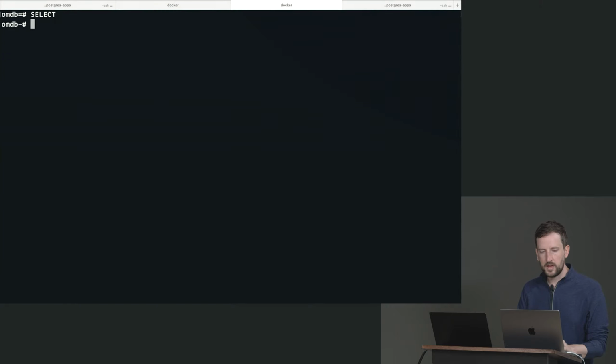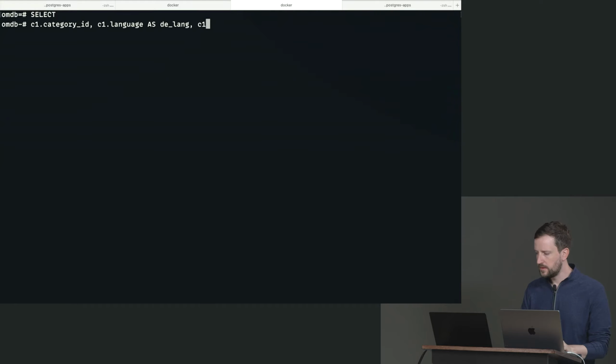So I'm going to select C1.category_id, C1.language as DE_lang.